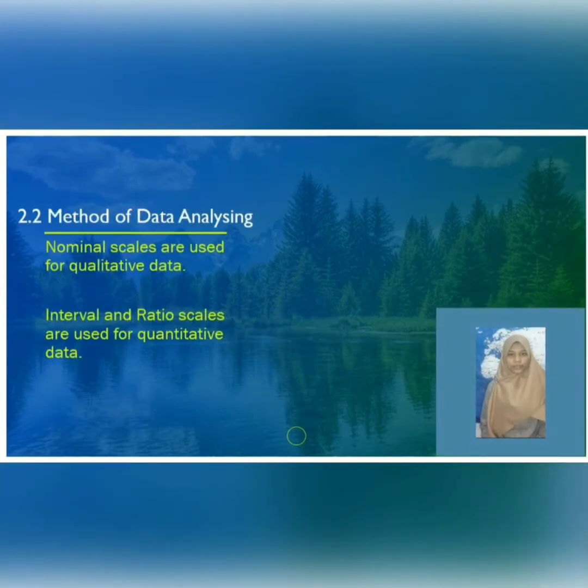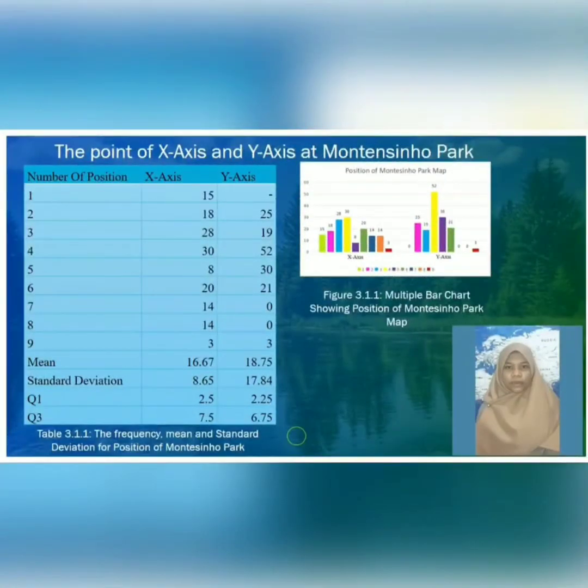The method of data analyzing. For the measurement scale, we use a nominal scale for qualitative data, while interval and ratio scales are used for quantitative data. The position of Mortison Hopper. Based on the table, you can see that the highest frequency of X and Y axis are 30 and 52, located at the 4th position. It indicates that the area of number 4 was the place where the forest fire event frequently happened.